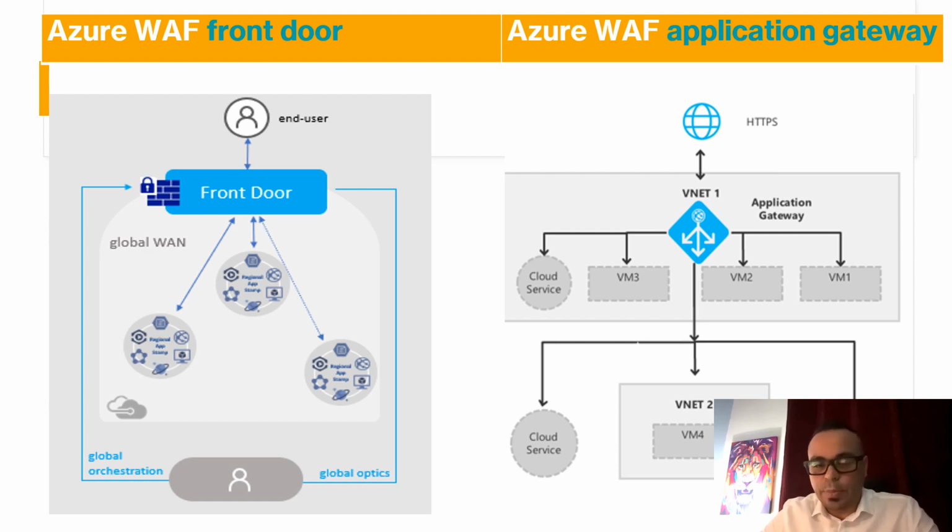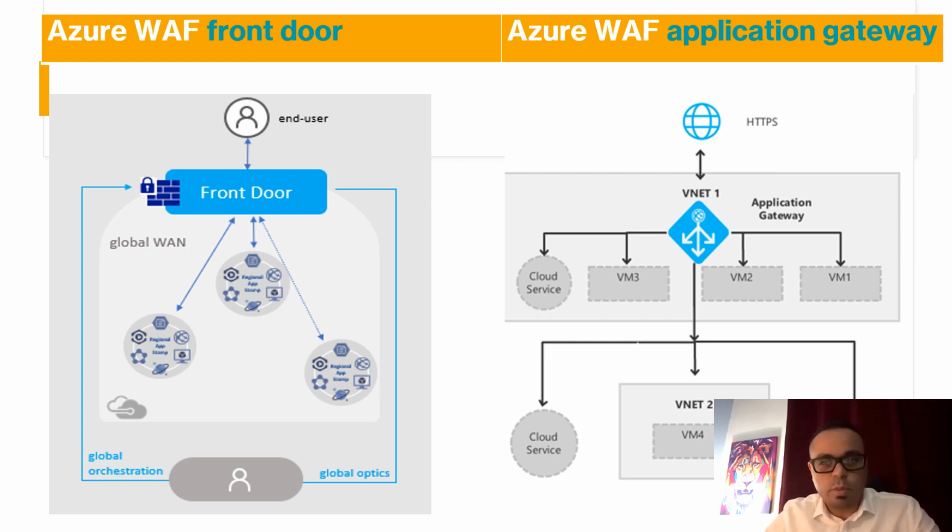So if what you are using is inside a VNet and inside a single region, App Gateway will be the best. For multi-region deployment or global routing, we can use Azure Front Door. Also you have to understand the point that it's a load balancer.